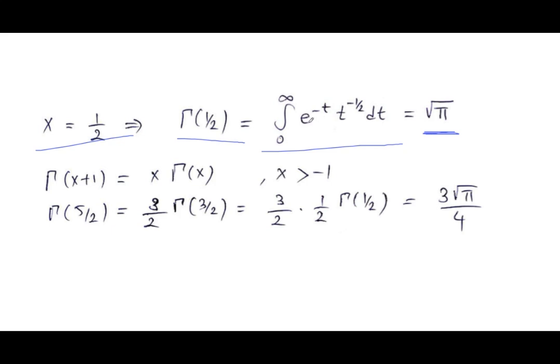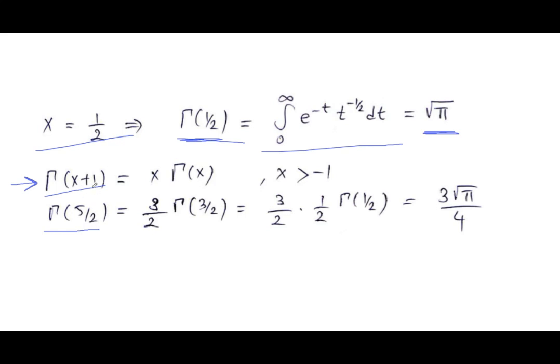So actually, we can use this property for the gamma function of 1/2 in order to calculate various values, such as the gamma function of 5 over 2, or the gamma function of 7 over 2. For these kinds of values, we can easily write this using this property, because we can represent the gamma of x plus 1 in terms of x times the gamma of x.